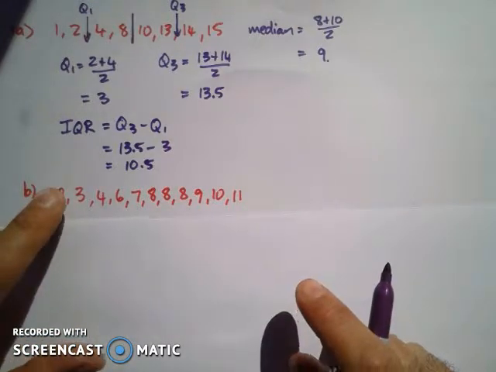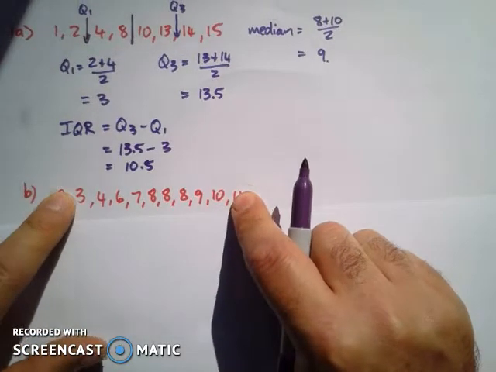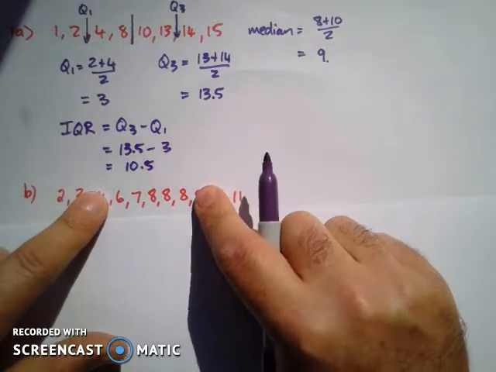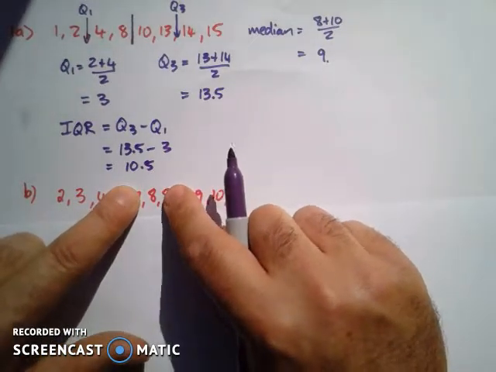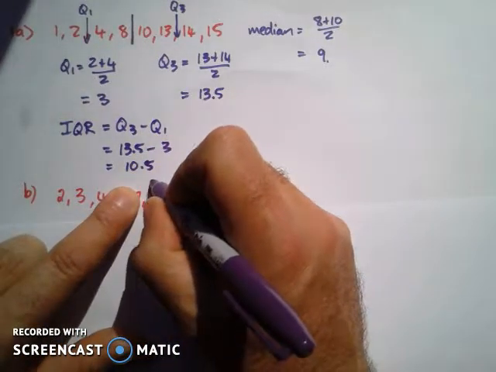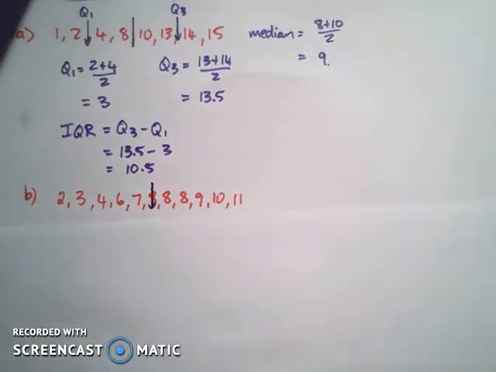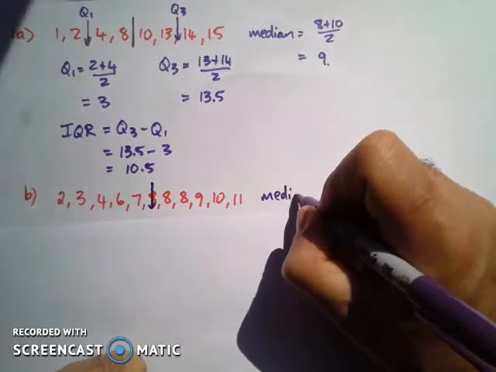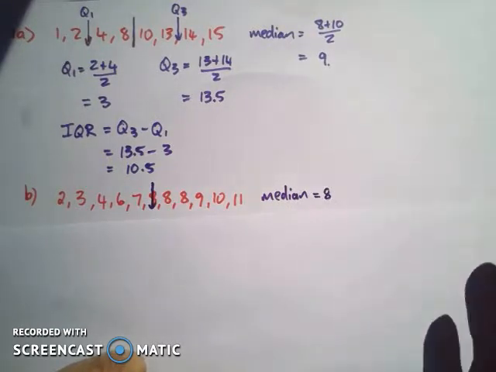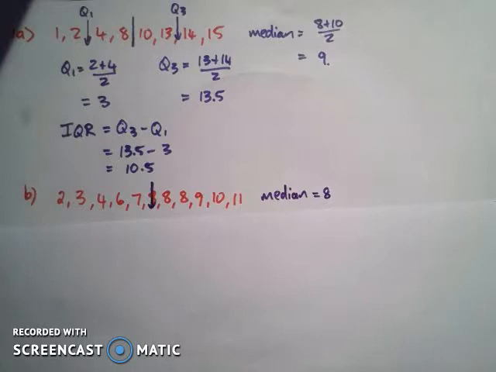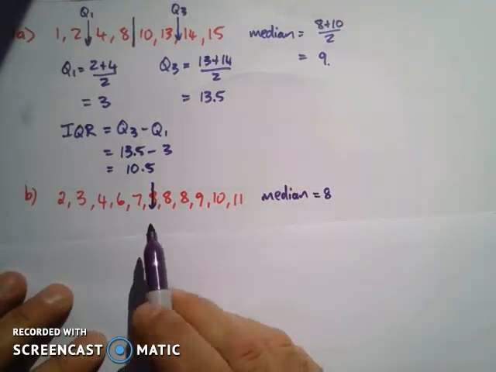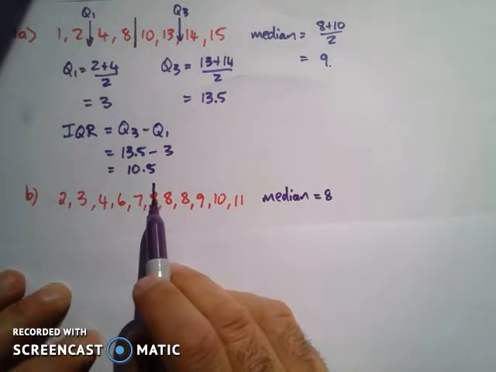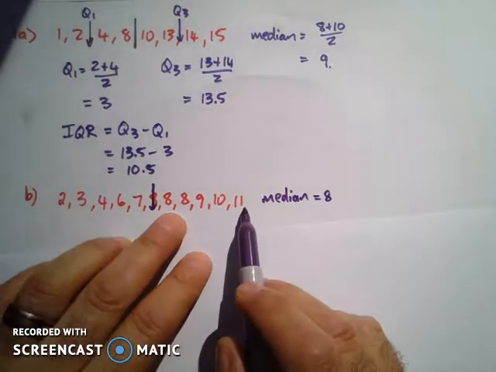First, we're going to find the median. Count them in from there, there, there, there, there. Oh, this is my median. That is my median. So my median equals 8. If I want to find out the top and the bottom half, you can see that this value is not part of the bottom half, it's also not part of the top half.